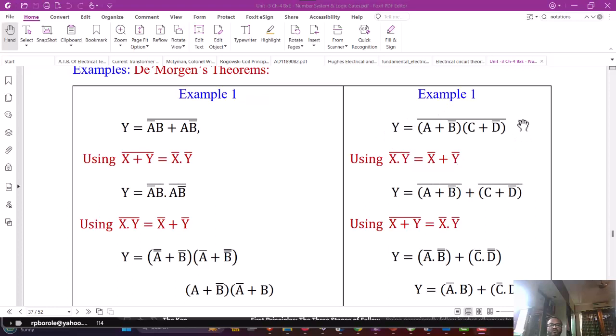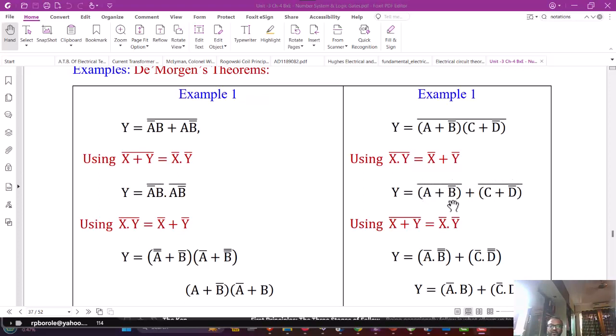Similarly, you can go through this example and apply De Morgan's theorem. First, the two brackets are separated by applying De Morgan's theorem. Here, the product operation of the two brackets will be converted to OR operation and the complement bar will be divided in two parts. Now here, to each individual term, you have to apply De Morgan's theorem again.